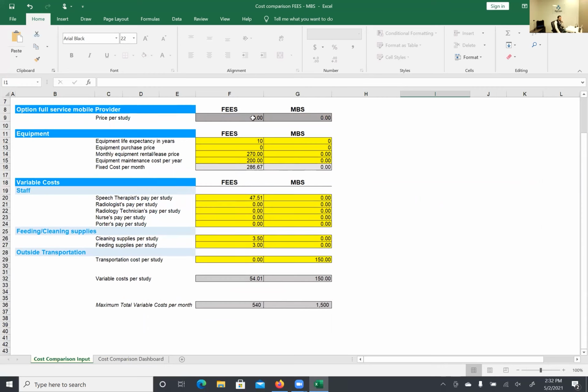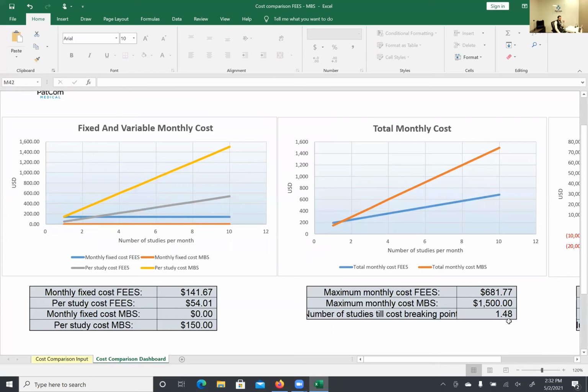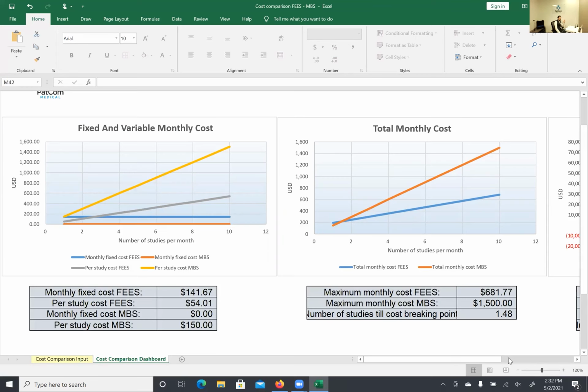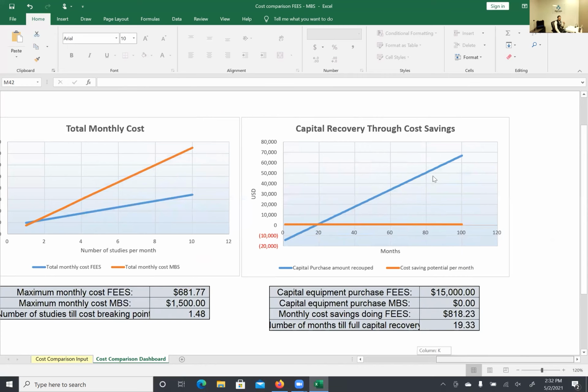If we were to make this a purchase again, it's a $15,000 purchase, just be 0, then we are actually only looking at 2 studies again here to start these monthly cost savings because the variable cost is no different, but you are looking at a recovery time for your capital of, in this case, 20 months.